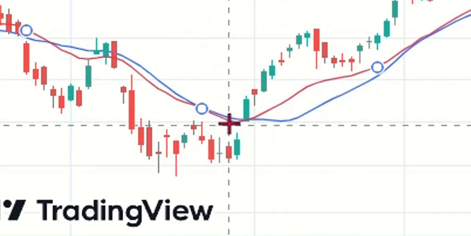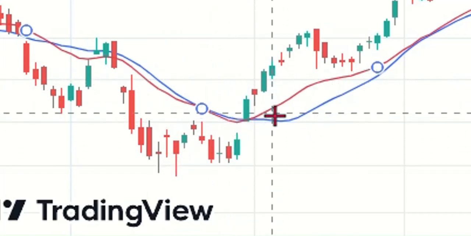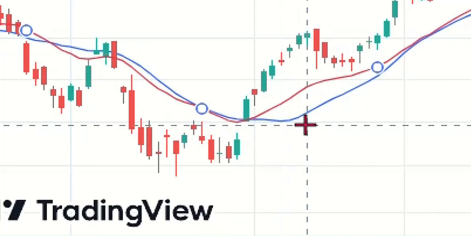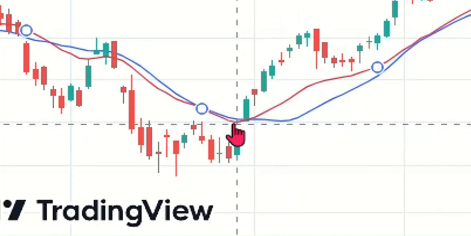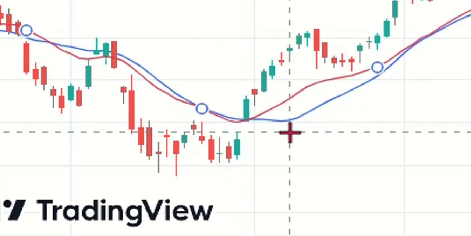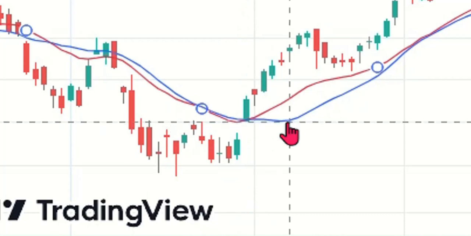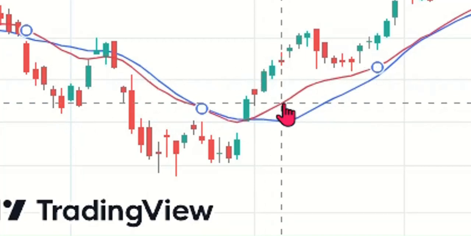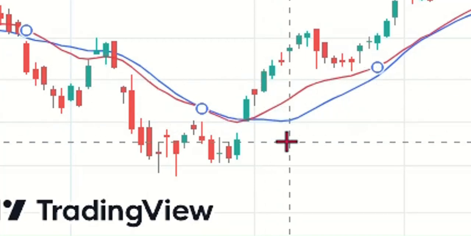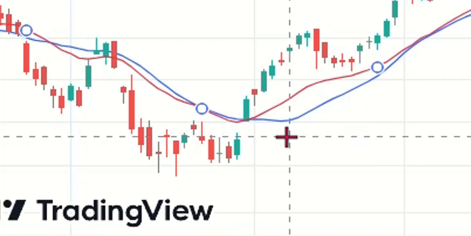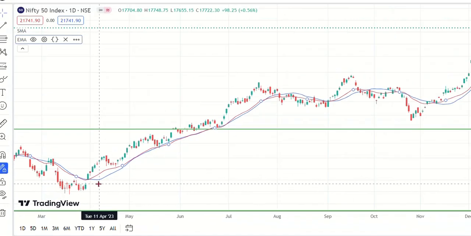SMA reacted later, but EMA reacted a little earlier. This is called the drop off effect, because SMA calculates for a specific number of periods. Here I calculate the SMA for 20 days, so only the prices for 20 days are considered. All the previous prices are ignored. That is not the case for EMA.